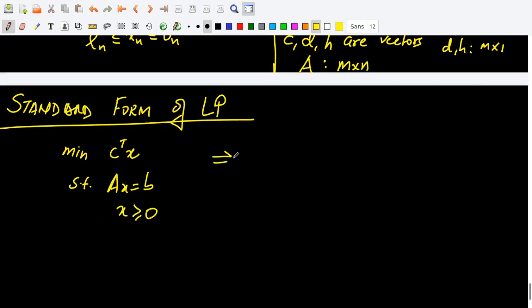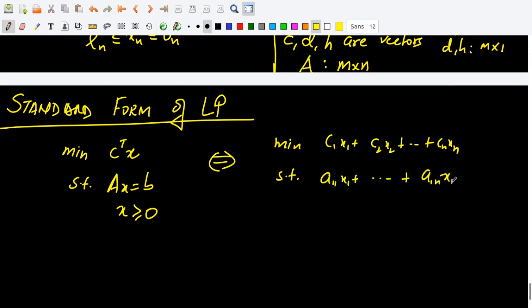So this is same as minimizing C1 X1 plus C2 X2 plus up to Cn Xn subject to A11 X1 plus up to A1n Xn equal to B1, and m such constraints, and these are all equality constraints.